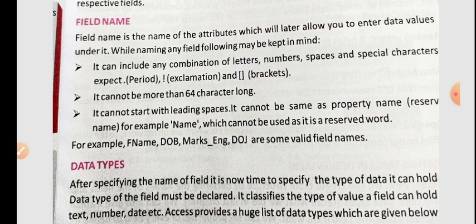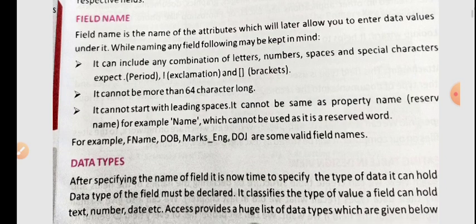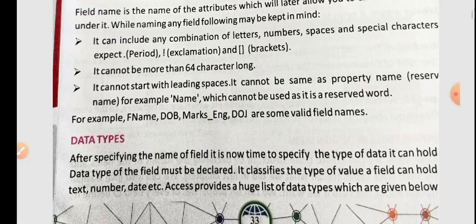And there should not be any leading space, means you cannot write a field name that starts with a space. So these are the few points you should keep in your mind while you are writing the name of the field or the name of the columns.